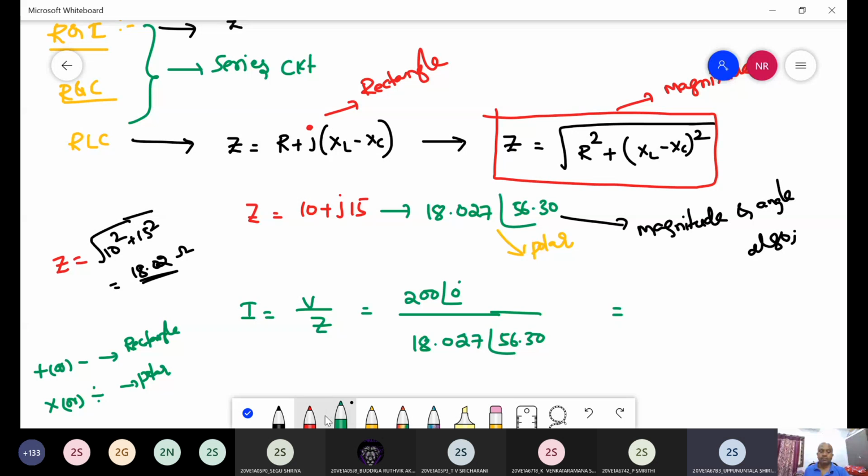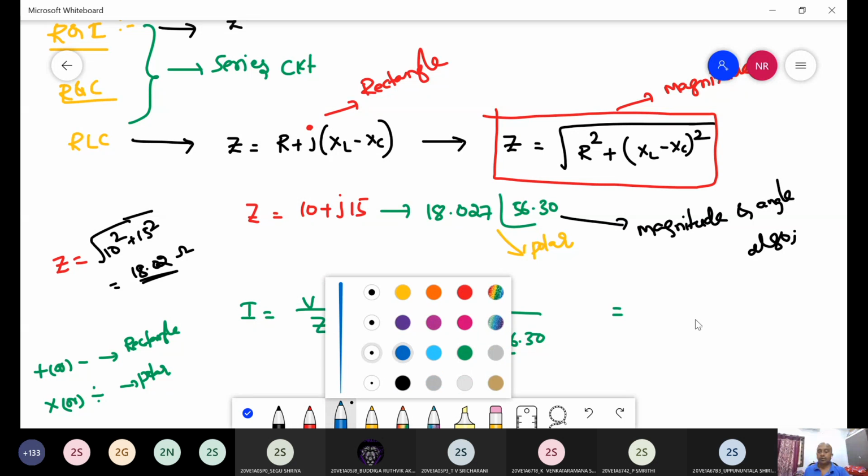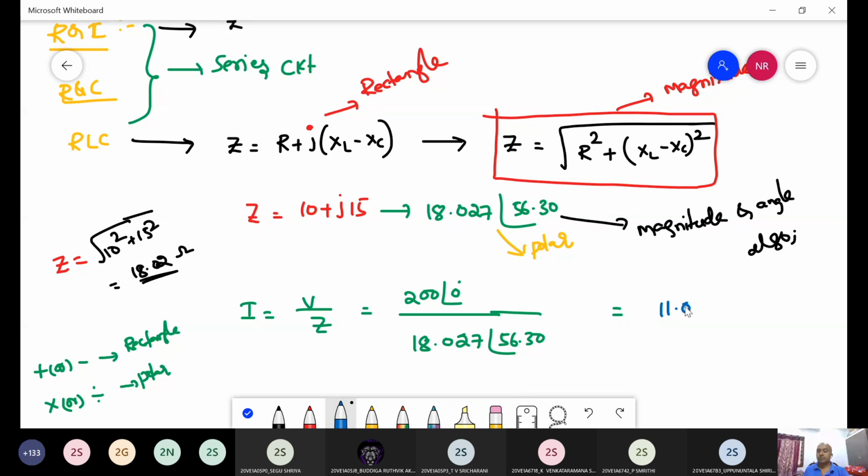How much? 11.09. And the angles are not divided; numerator minus denominator, right? So 0 minus 56.30. How much? Minus 56.30. So by observing this voltage and this current value, we can draw the vector diagram.